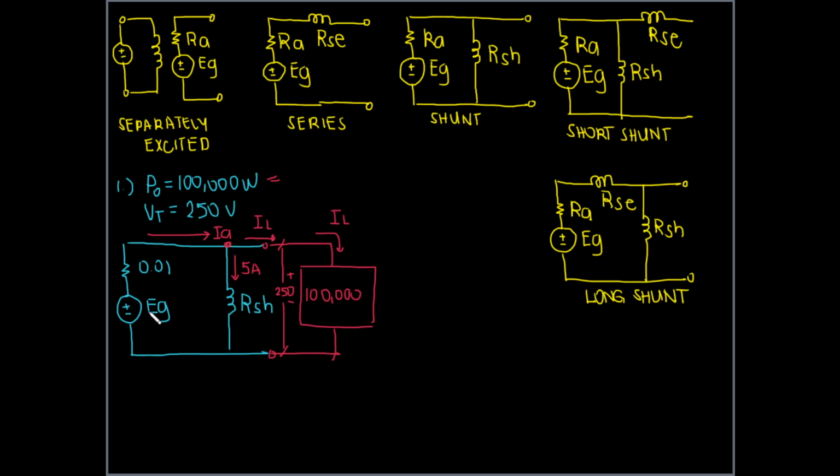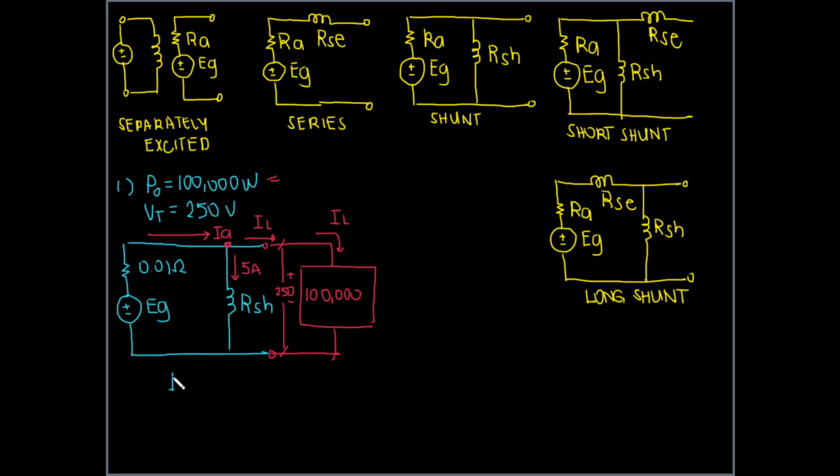And we can only do KVL at that loop if we know the voltage drop across the 0.01 ohm armature resistance. We can only solve for that voltage if we know IA. So everything will fall into place if we can determine first IL, which we are going to do now.